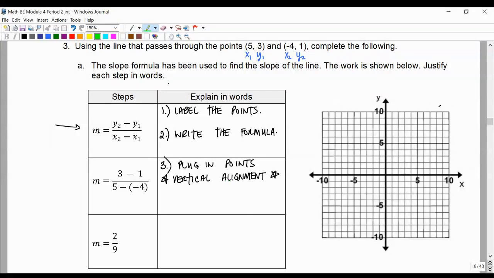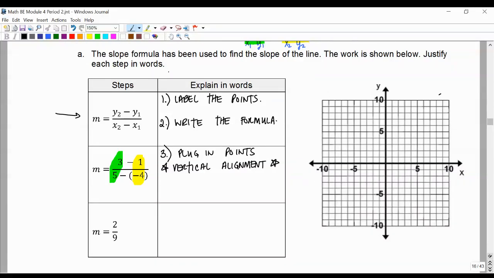Vertical alignment. This is critical, that this point, 5, 3, needs to be vertically aligned. You see how the green is up and down? And then this point, negative 4, 1, needs to be vertically aligned as well. If I highlight these and I notice that the green and the yellow are crossing, then the whole problem is just going to tank. It's going to mess up. So I want to make sure I have vertical alignment of the points.